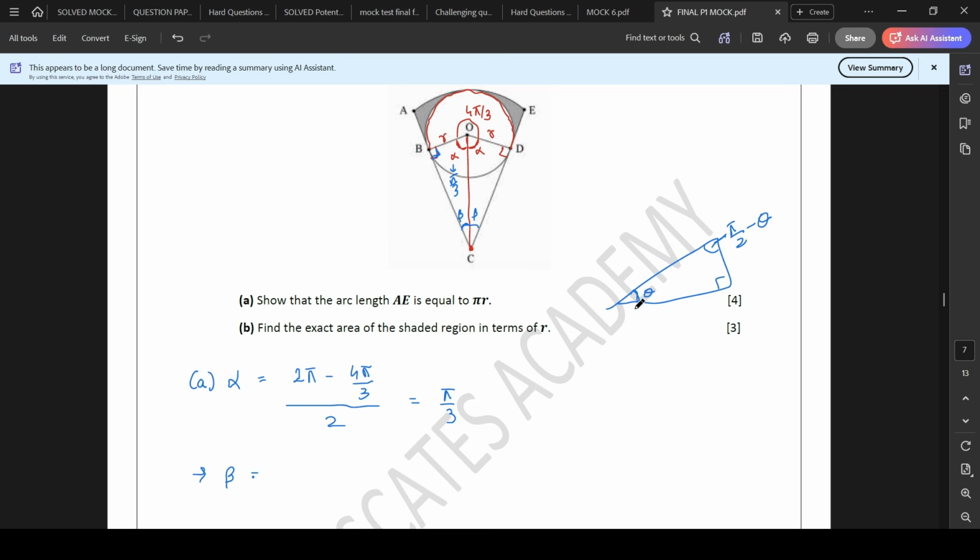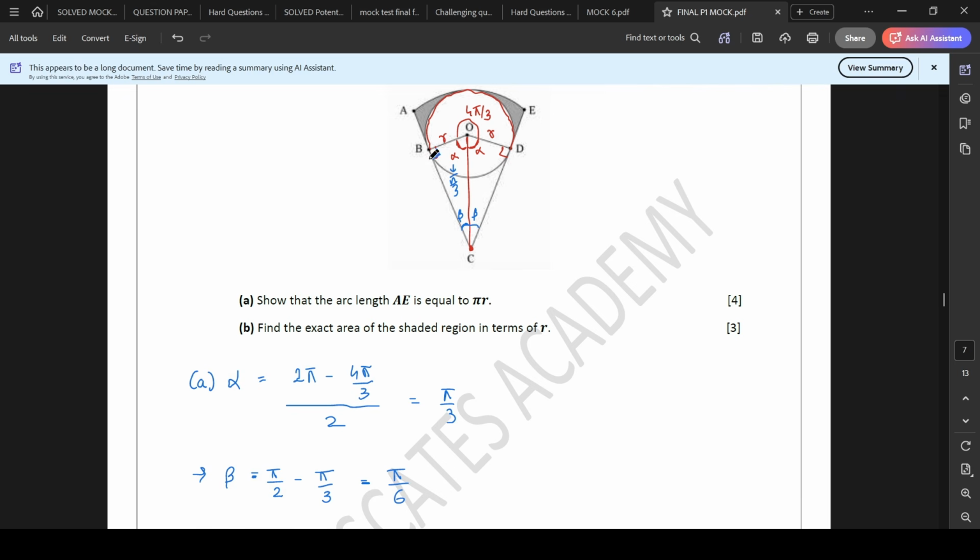Only then if you add these three angles, the summation will add up to 180 or pi radians. So in that way, if this is alpha, which is pi by 3, if this is pi by 2, beta has to be pi by 2 minus pi by 3, which will come out as pi by 6.